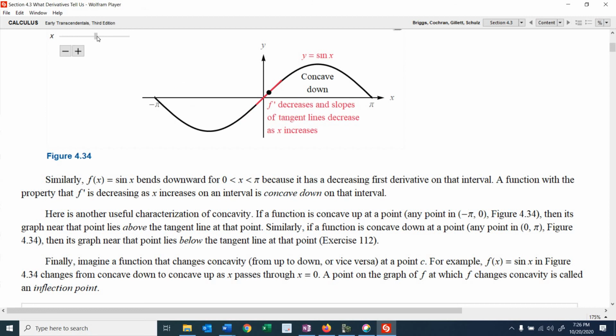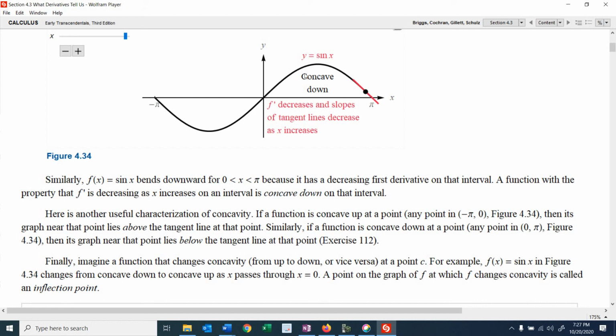And that's because you can see the derivative is positive here, but it's becoming less positive, and then eventually it goes to 0, and then it starts to go negative, and it becomes more and more negative. And so that indicates that the derivative is decreasing, because it's going from a positive number to 0, and then it's becoming negative and more negative.